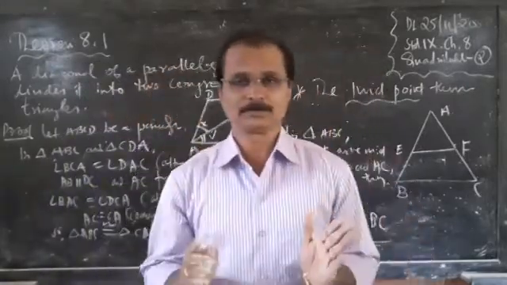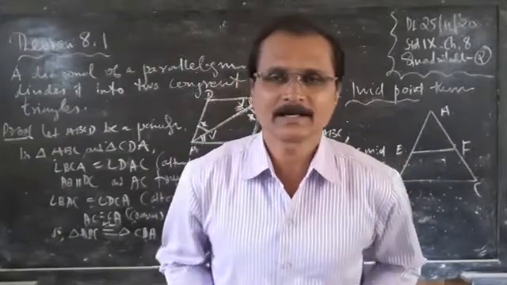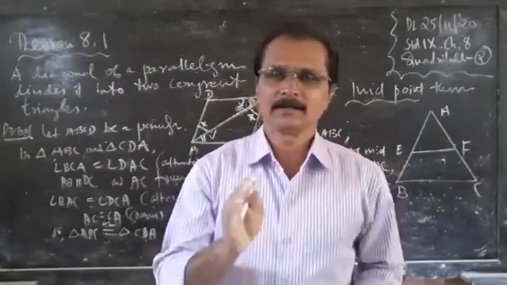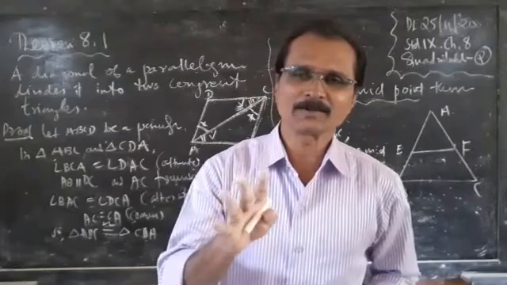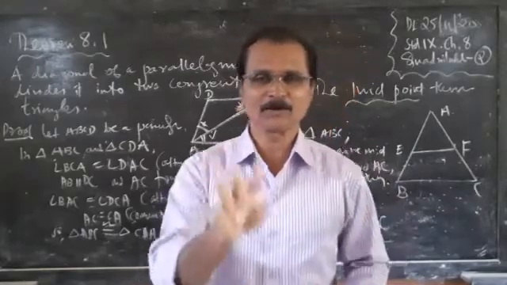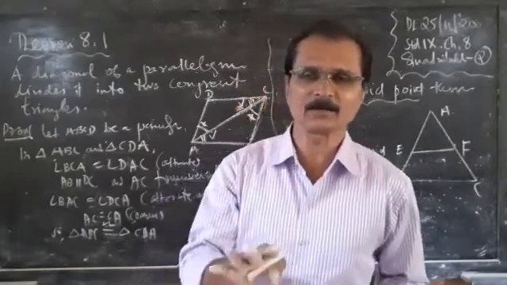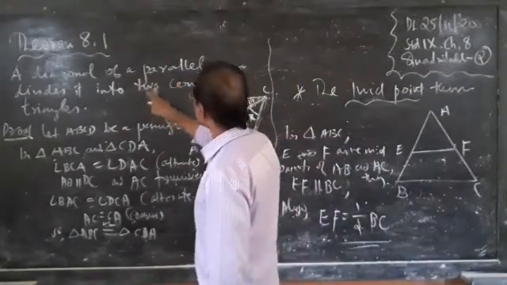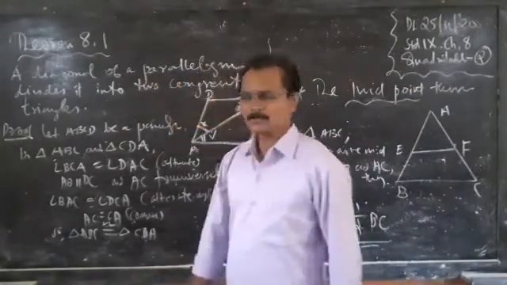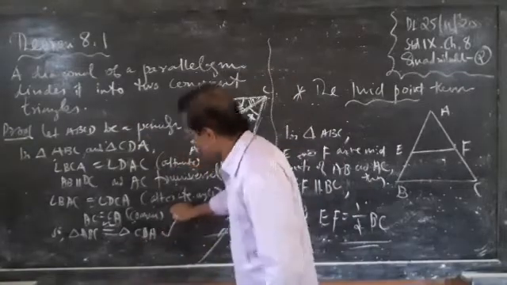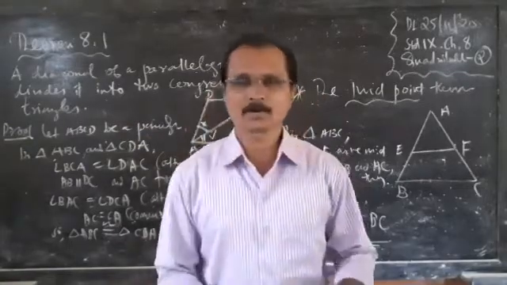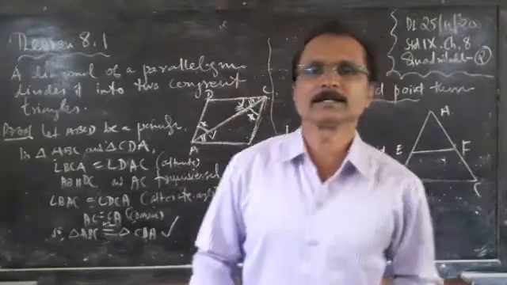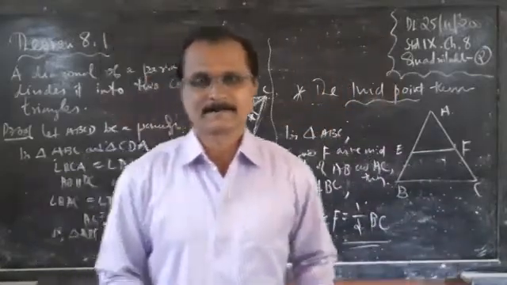Once we have proved the two triangles are congruent, the remaining parts are also congruent, so the corresponding sides are also equal. Therefore, a diagonal of a parallelogram divides it into two congruent triangles.